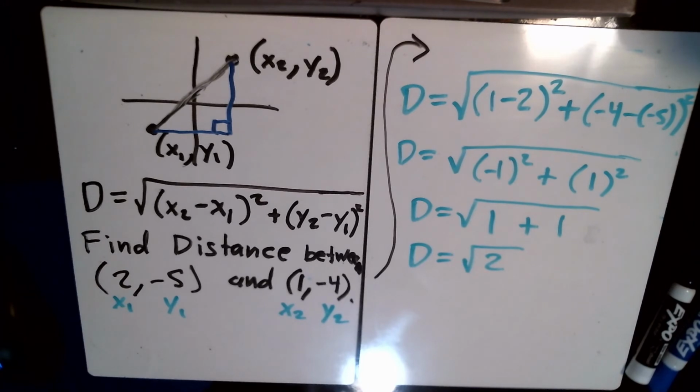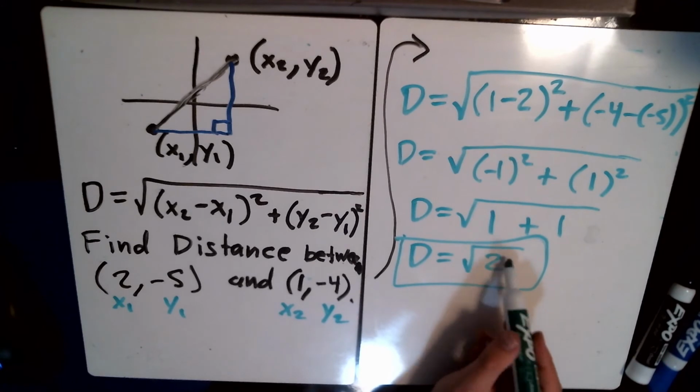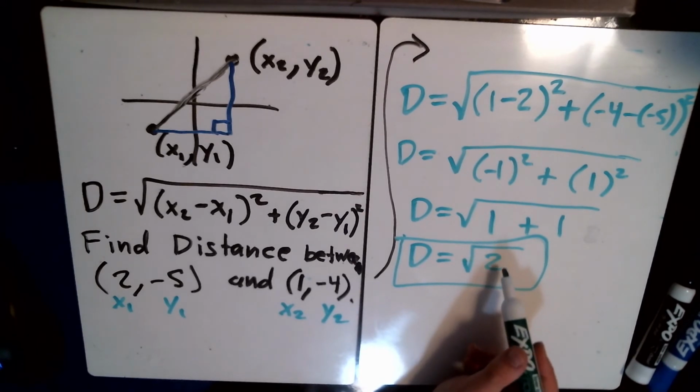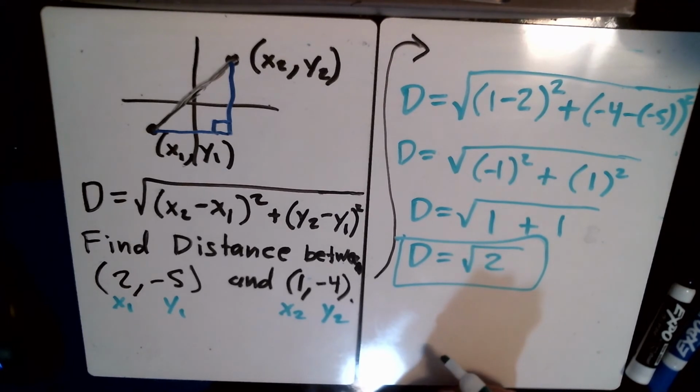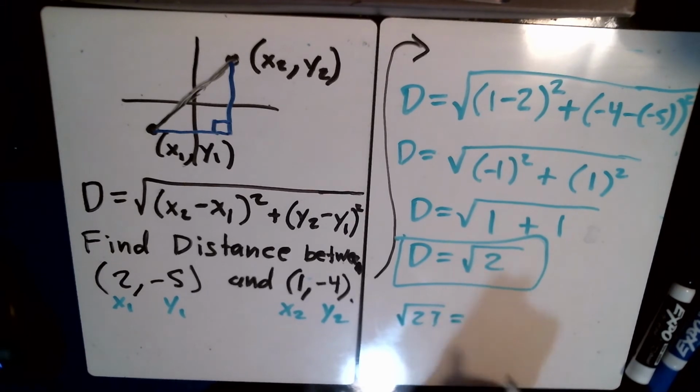Okay. If you had, for instance, the square root of 27 as your distance here, you would need to simplify that radical. So if I had ended up with the square root of 27 as my distance, I didn't, but I would think of what goes into 27. Well, it would be 3 and 9.